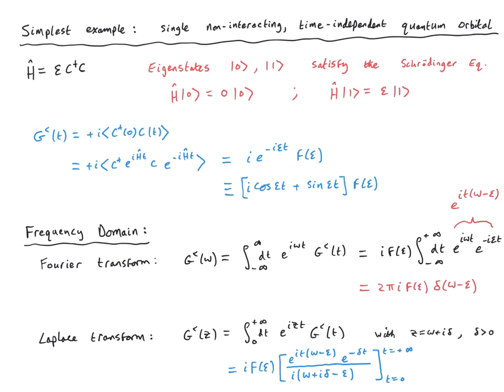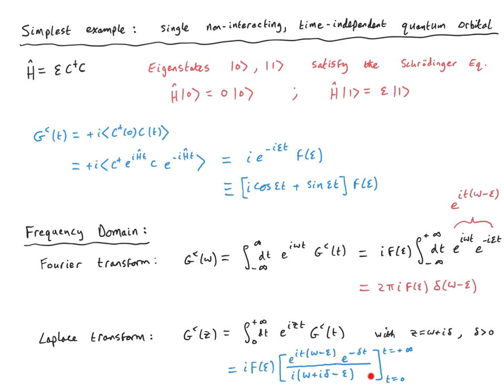If delta is positive, as we've assumed here, then this factor will ensure convergence of the integral as t goes to infinity. This e to the minus delta t will exponentially suppress anything in this expression as t becomes large. As we've already discussed, this first term is oscillatory and is bounded from plus to minus 1, so this e to the minus delta t will certainly suppress those oscillations at large time, giving us a convergent solution to our problem.